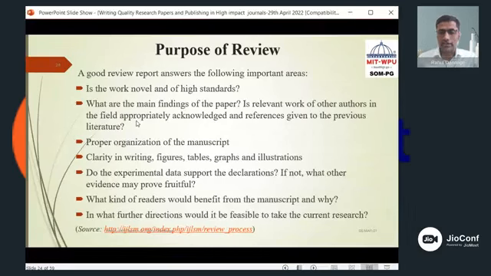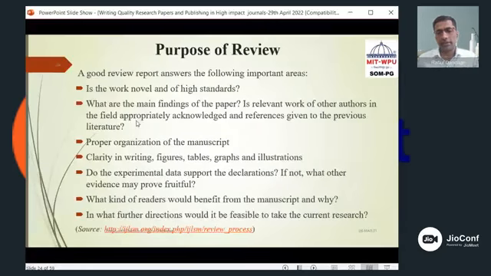We should ask these questions of our own research paper, looking at it from a third party angle, and identify whether it has some novelty, whether the standards are high, what the main findings are, whether the organization of the manuscript is proper, the writing and language, whether there is clarity, and the figures, tables, graphs and illustrations you have used, whether there is clarity in them.